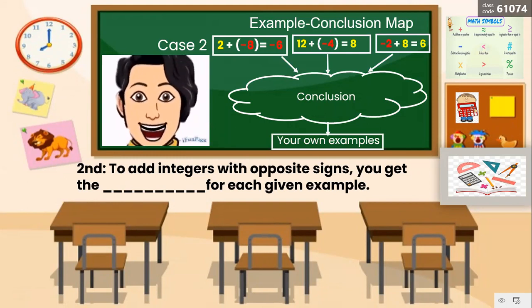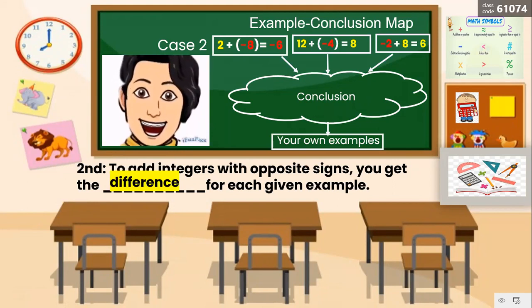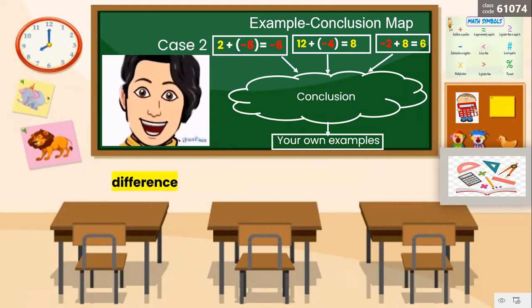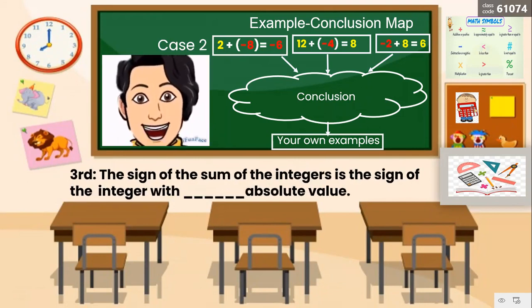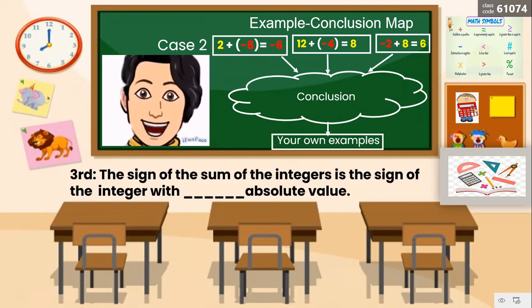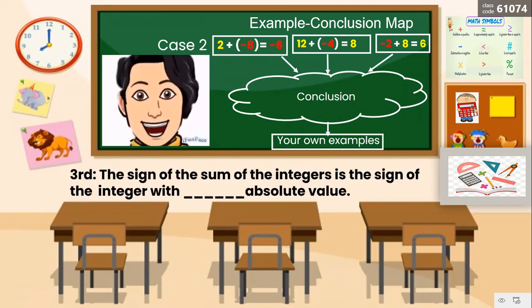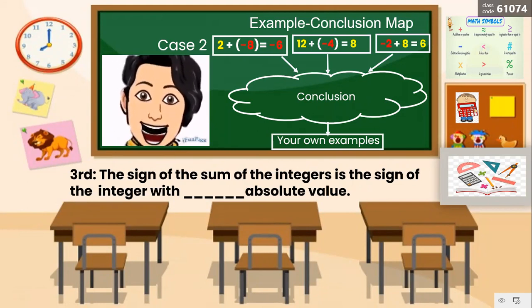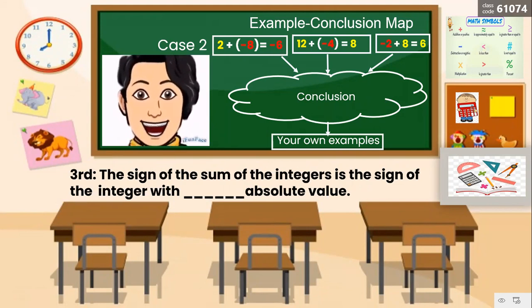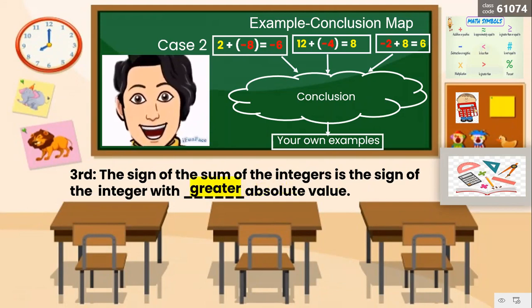What is the missing word? Okay, very good. That is correct. Difference. And third, the sign of the sum of the integers is the sign of the integer with blank absolute value. What is the missing word? Okay, very good. That is correct. Greater.